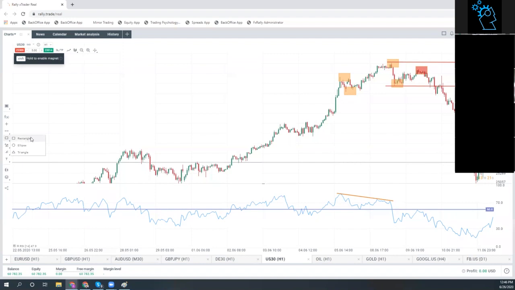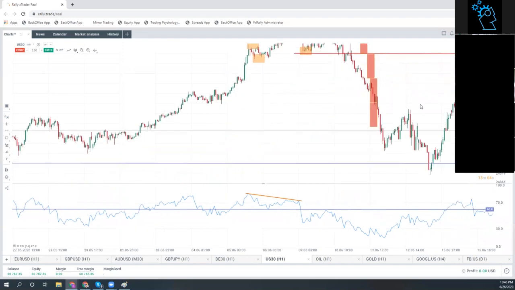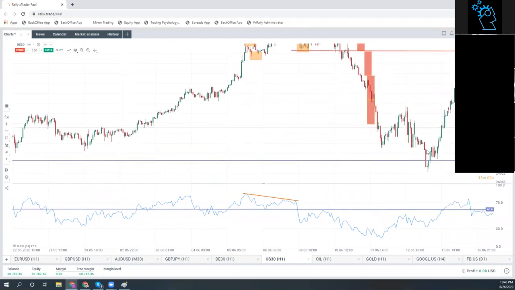Of course, looking at risk to reward ratios, you wouldn't have had any issues reaching 1, 2, 3 in this scenario. Price even moved lower than that.